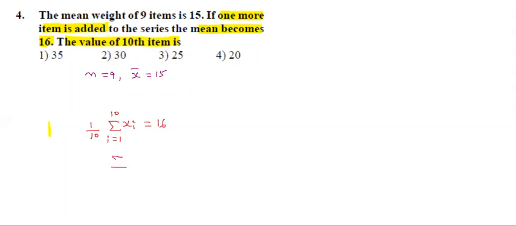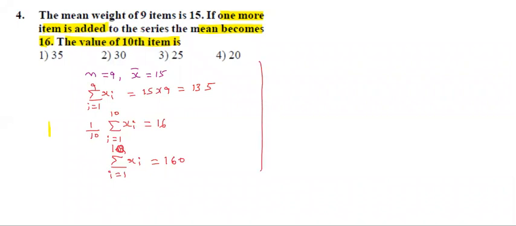So sigma xi, i equal to 1 to 10, is equal to 160. But here sigma xi, i equal to 1 to 9, how much is that? That is 15 into 9. How much, students? 15 into 9? 135.